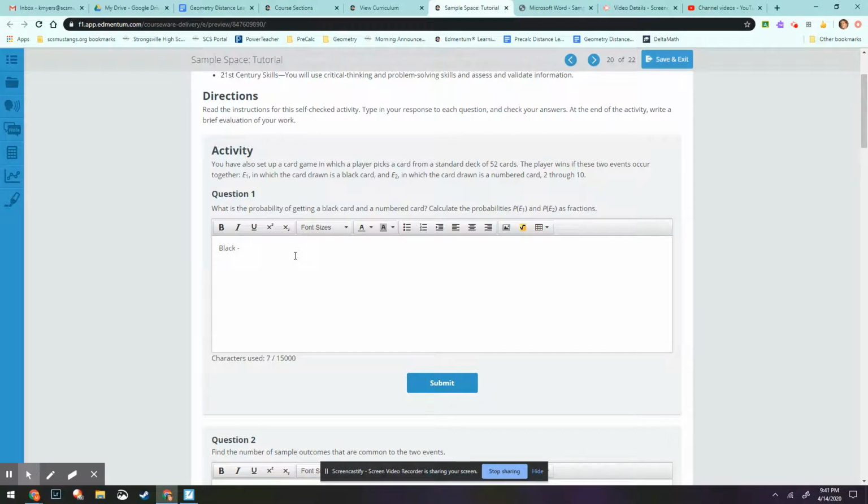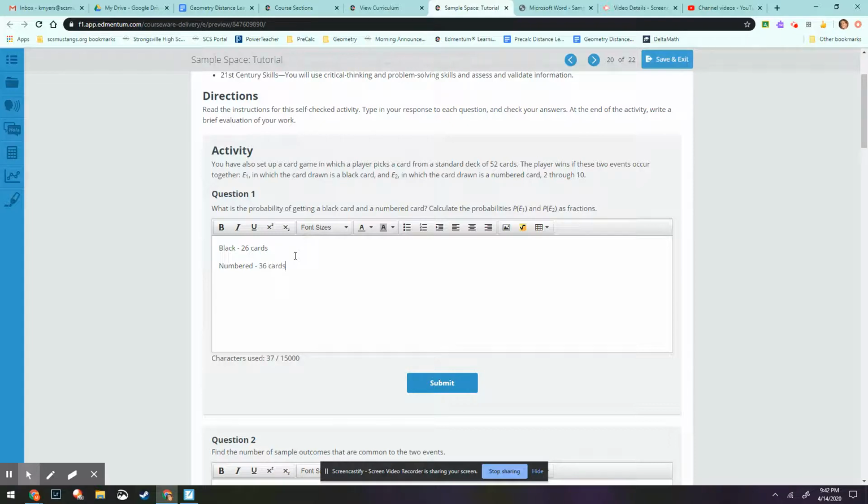That means half of the 52 cards, so 26 cards, are black. But for the numbered cards, the numbers go from 2 through 10. If you count on your fingers, 2, 3, 4, 5, 6, 7, 8, 9, 10, you'll find there's actually 9 numbered cards per suit. There's 4 suits, so 9 times 4 is 36 cards.